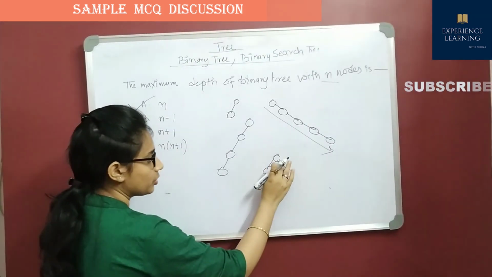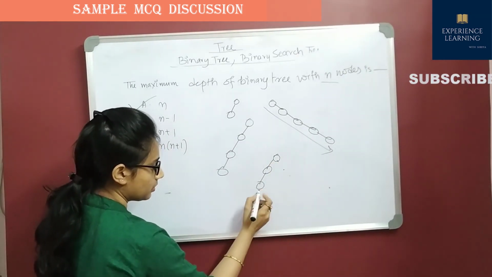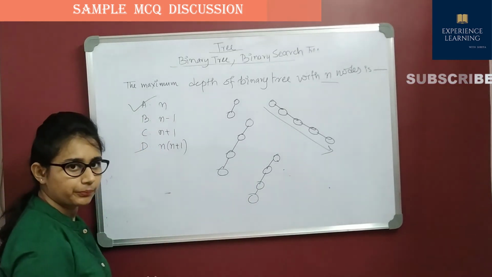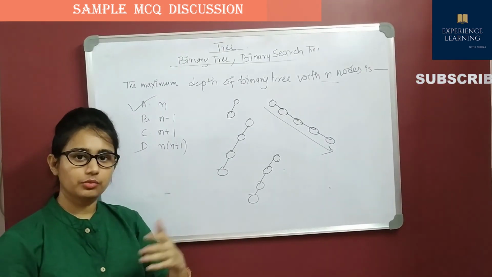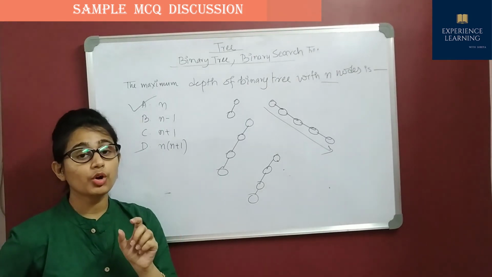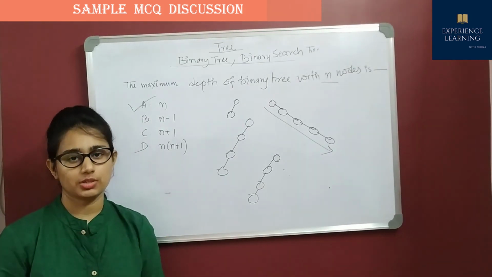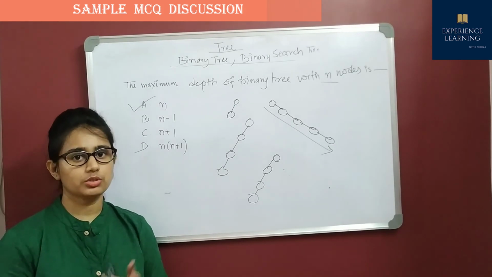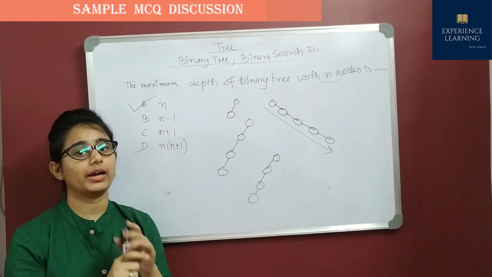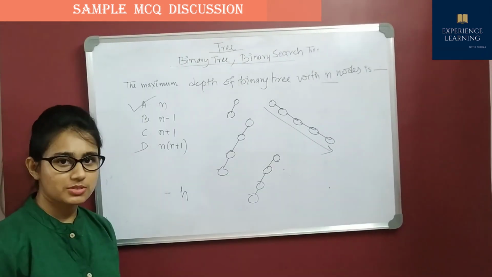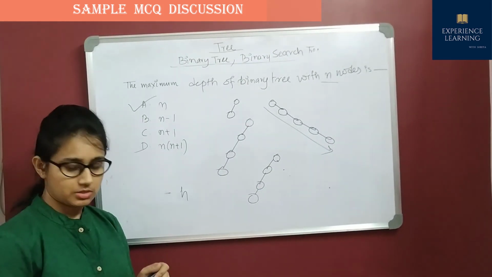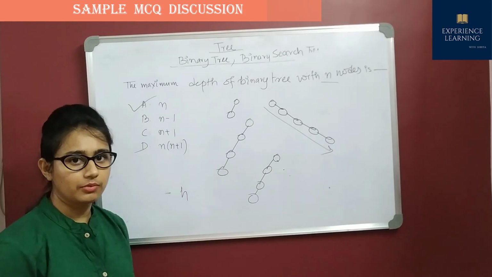So if I want to reach the maximum depth, we can place it in this way. The question can be given in another way also, that is the minimum number of nodes in height h. Obviously the answer will be h nodes. So remember this, the question can be given in any way.